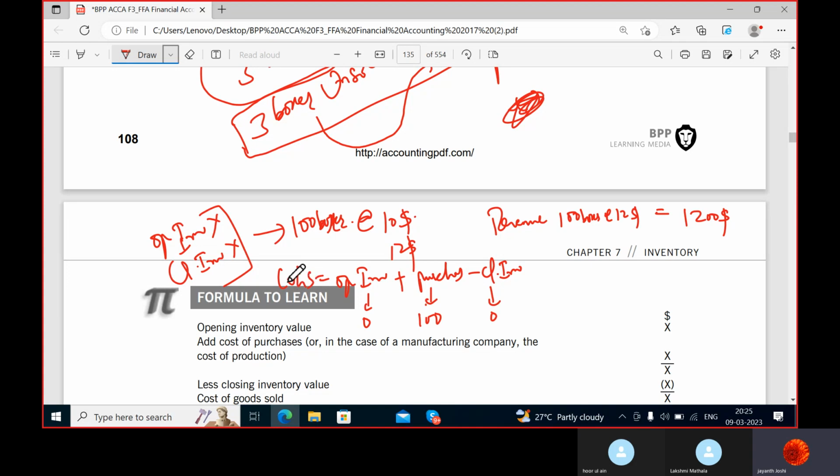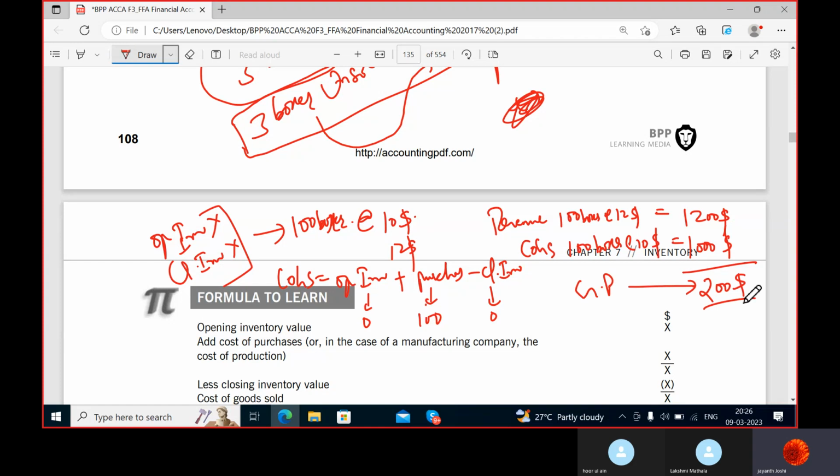Now, I will prove you this formula. Don't worry. So now my COGS is what actually here for 100 boxes? COGS for 100 boxes at the rate of $10 will give me $1,000. So what is my profit in this case? $200. Okay, gross profit I would say.